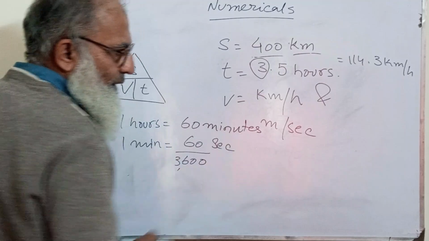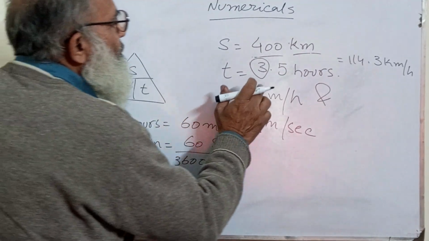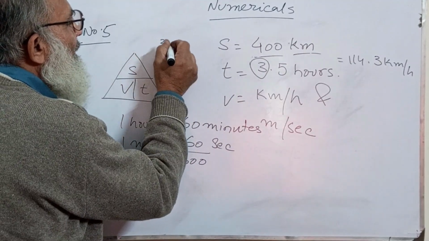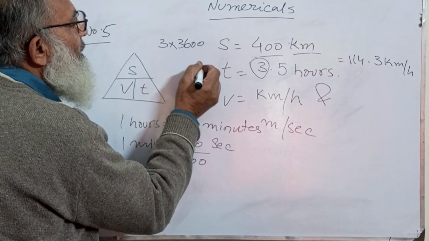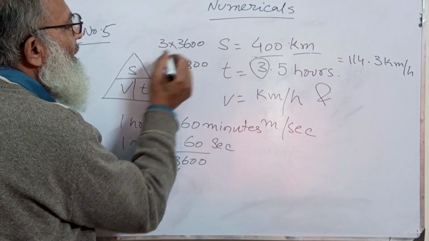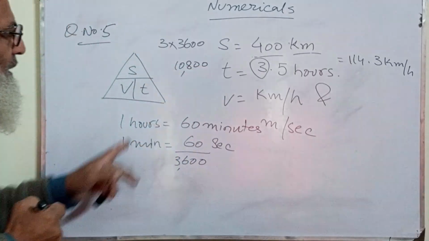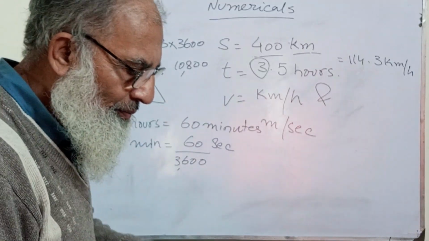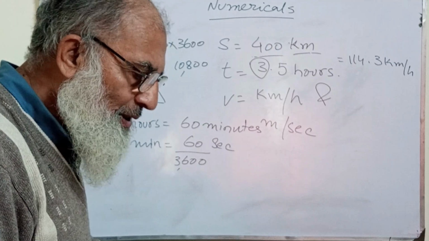Why did I leave the 0.5? I am going to tell you. Don't be afraid. So 3 hours: 3 multiplied by 3600 is 10800. These are 3 hours.